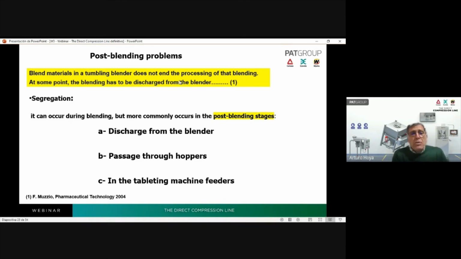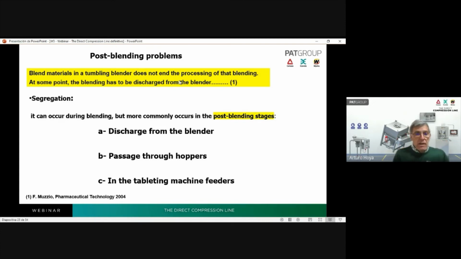Segregation can occur, of course, during blending, but if the blending is okay, it most commonly occurs during discharge from the blender. Let's suppose you discharge the powder from the double cone into the tank. It could occur during the passage through the hopper of the tablet press, and could occur in the tableting machine feeders.